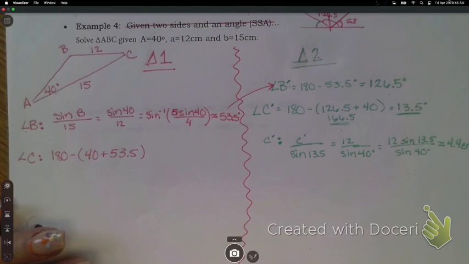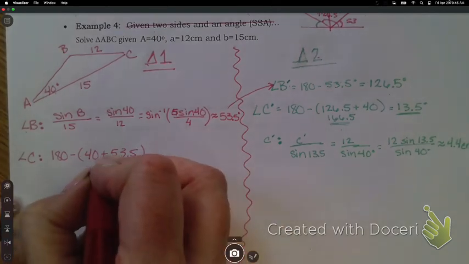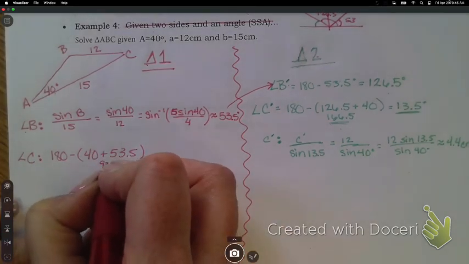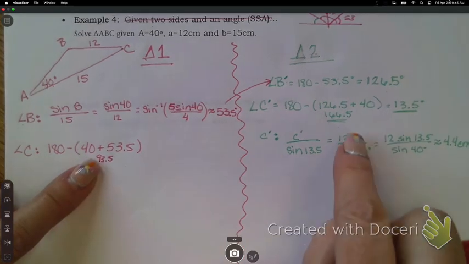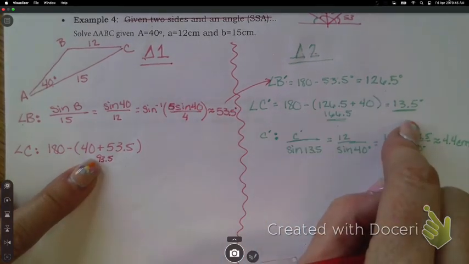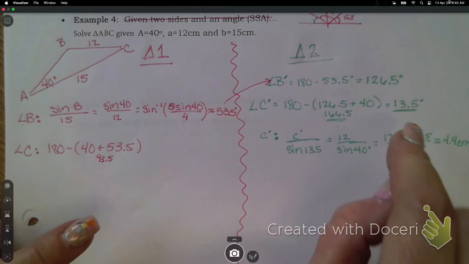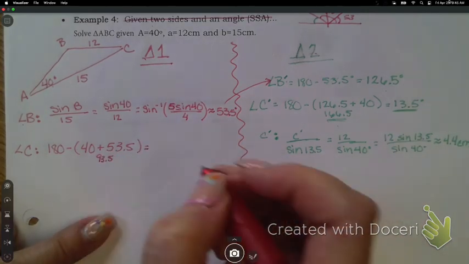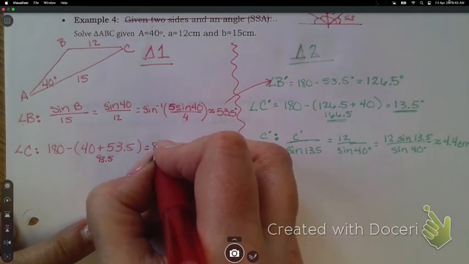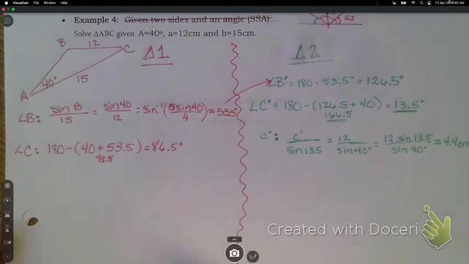So 180 minus 93.5, add that up first. That habit came from over here checking whether it's even a second triangle. So what do you get? 86.5. Okay, so 86.5. And now we have to find what?